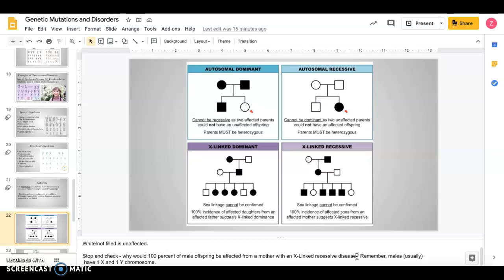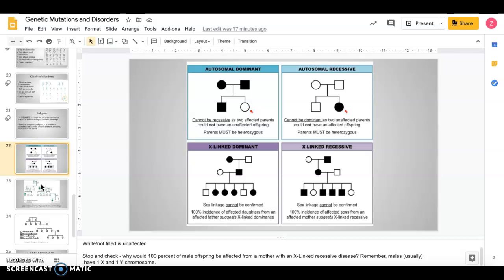If the recessive allele for the disease shows up on the X chromosome, it's automatically going to be expressed because they don't have a second X chromosome, they just have a Y. And that Y does not carry that disease allele, so the X will express it. So that's unfortunate for men, why they are more likely to have X-linked recessive diseases.